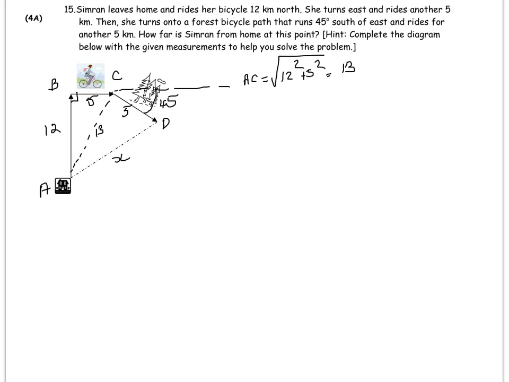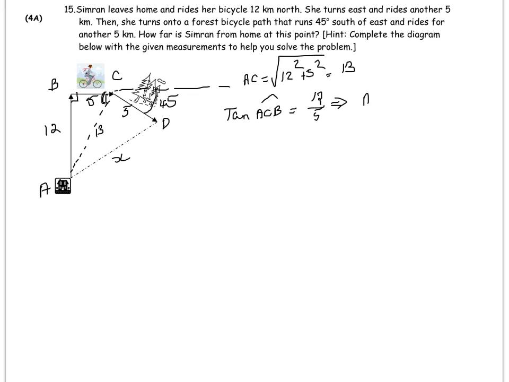Now in triangle ABC, I'm going to find angle C, or ACB. To find this angle, I'm going to use the tan ratio because the triangle is a right triangle. So I'm going to say tan of angle ACB is equal to opposite over adjacent. So it's 12 over 5.